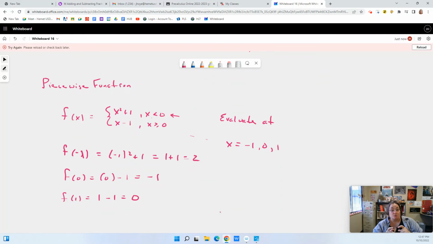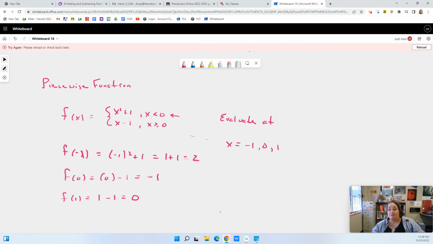And that's all that's determined in a piecewise function: you're given a set of equations with rules on them. One might say when x is less than 0, you perform that equation, and it gives you a set of values to find when x is that number, and you have to pick which equation to plug it into.